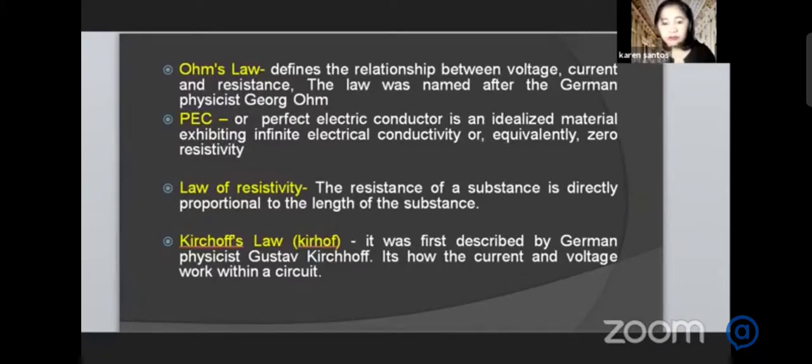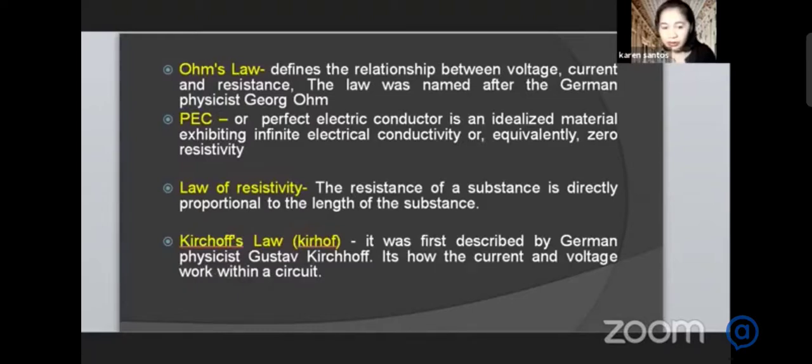PEC stands for perfect electronic conductor. It is an idealized material, used only as a material for conductivity with zero resistivity. And when we say law of resistivity, it is the resistance of a substance that is directly proportional to the length of the substance.